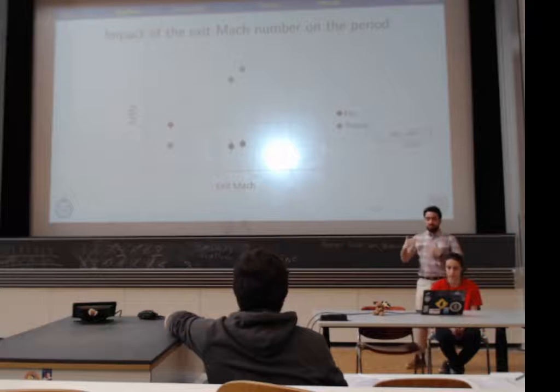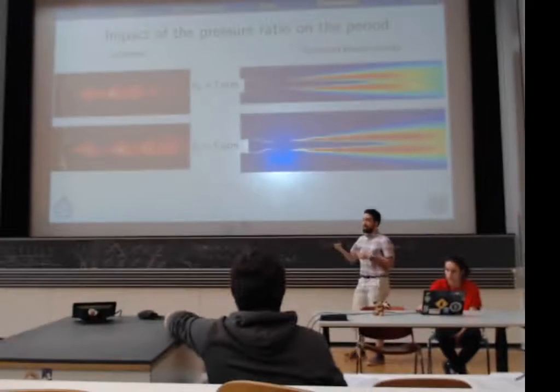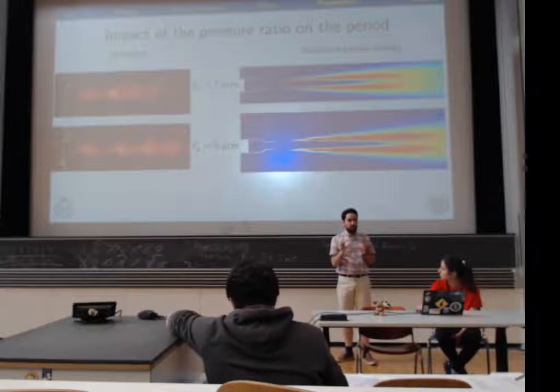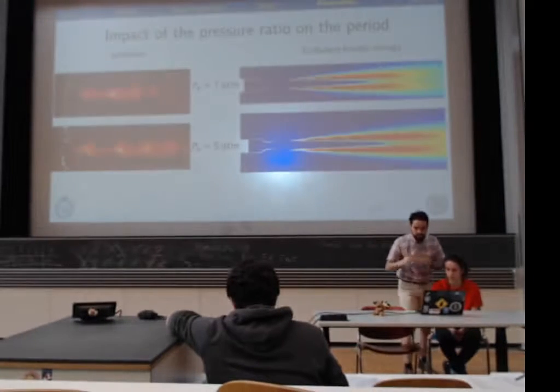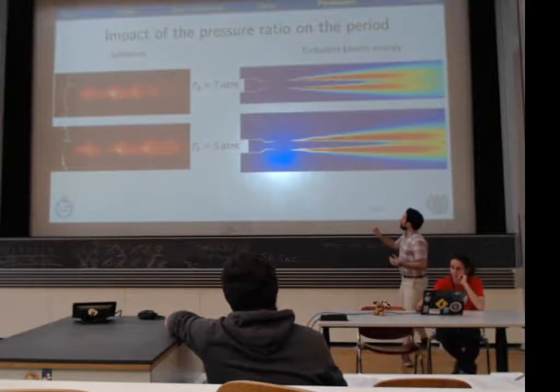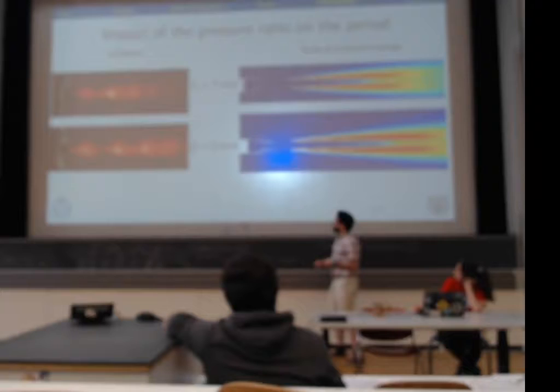That's why we have this disagreement between the theory and the experiment. The second thing is that in our theory, we took a slight perturbation of the pressure, but in our experiment the variation of pressure is more important. So now we're going to investigate the impact of the pressure on the period.